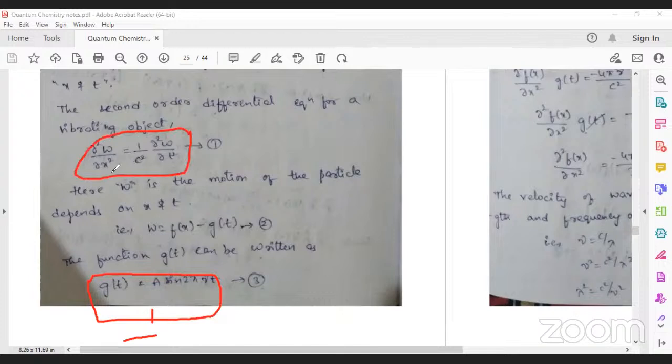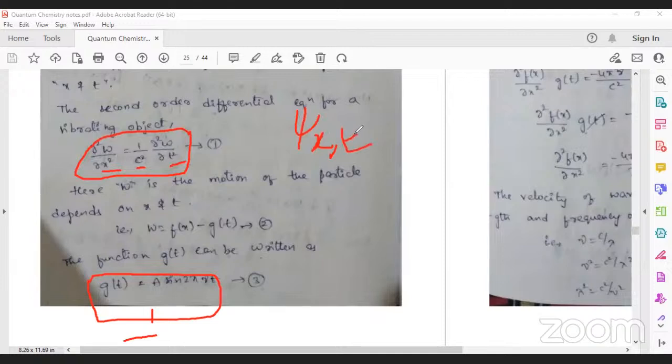Dou square W by dou X square means X variables are there. 1 by C square depends on the velocity. And dou square W by dou T square means the time factor is there. The wave function psi depends on X comma T. That is the first postulate of quantum mechanics.